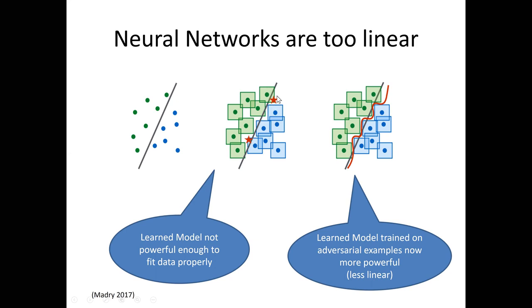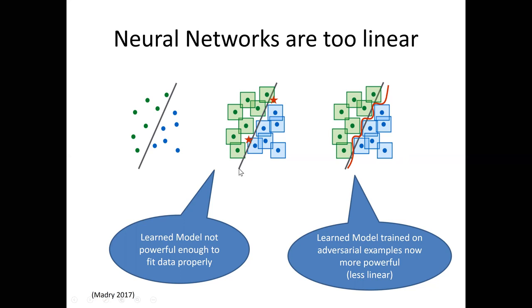So there will be some points, like the top right star in that region, that would get misclassified, and similarly for the upper left corner of the blue square. This very linear model was not powerful enough to fit the data properly.